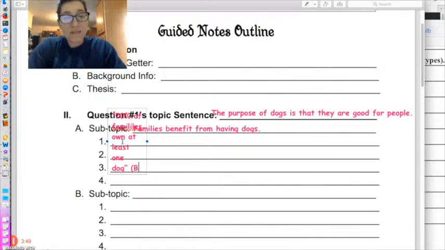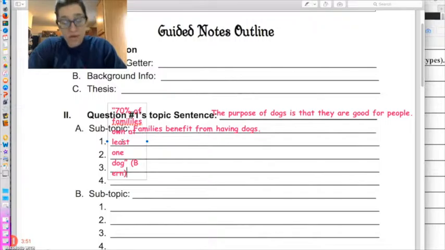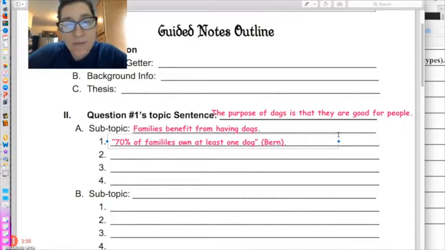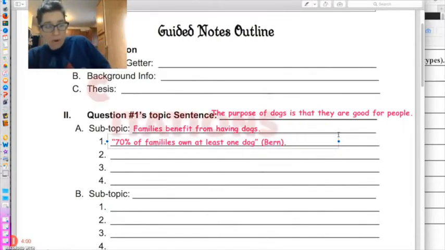And in parentheses, I'm going to put whatever appears in that corner, which is Byrne. So 70% of families own at least one dog, Byrne.